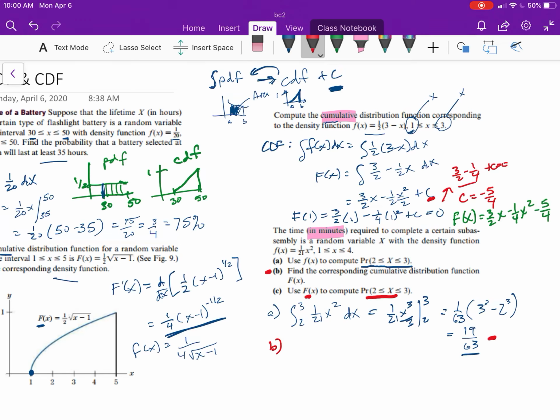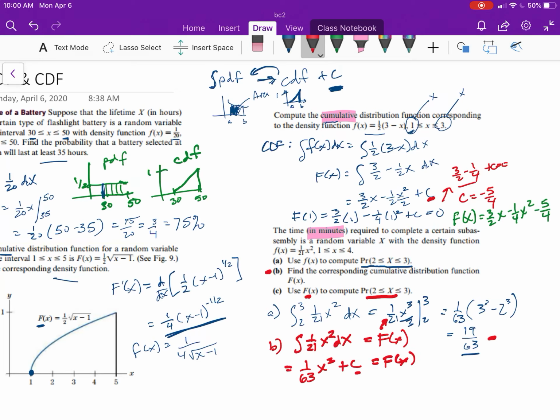So how is that? Well, if I integrate 1 over 21x squared to get the cumulative, right, capital F, then I get this result that we got right here. I get 1 over 63 x to the third plus c, right?